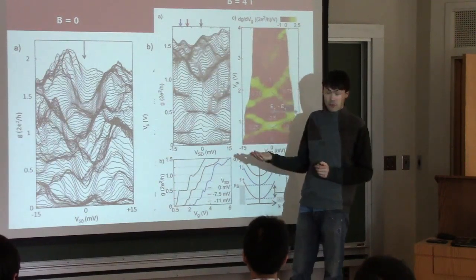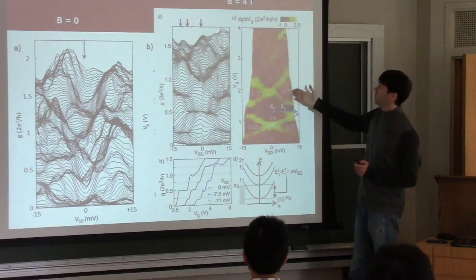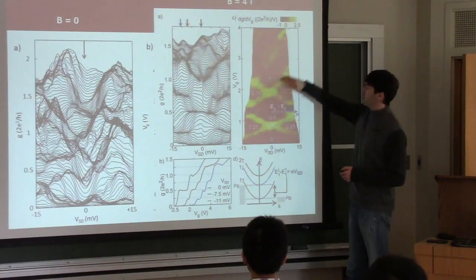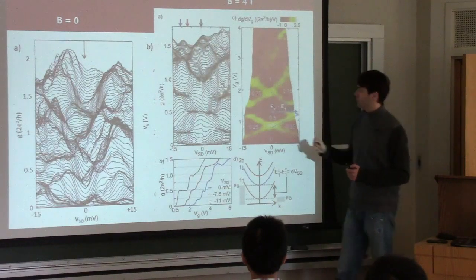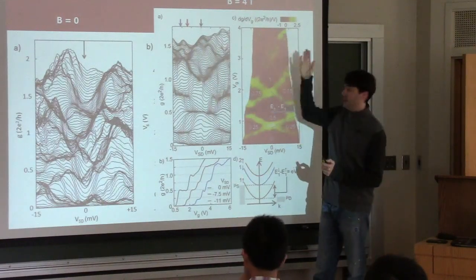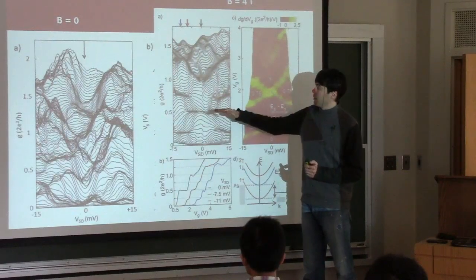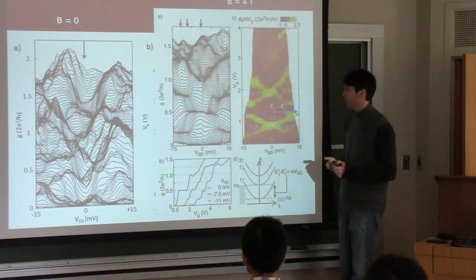It's very similar overall. And in a transconductance plot, so dG/dVg, you can see these straight lines that separate the plateaus. And now this is at high magnetic field, therefore quantization is already in the units of e²/h, not in the units of 2e²/h.